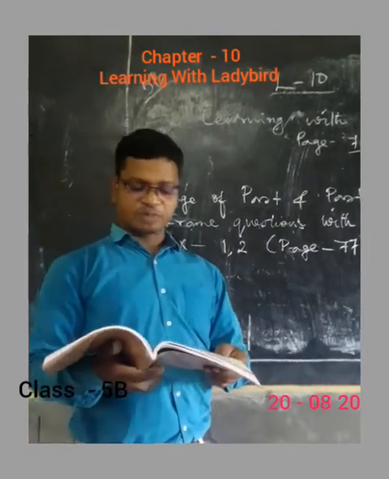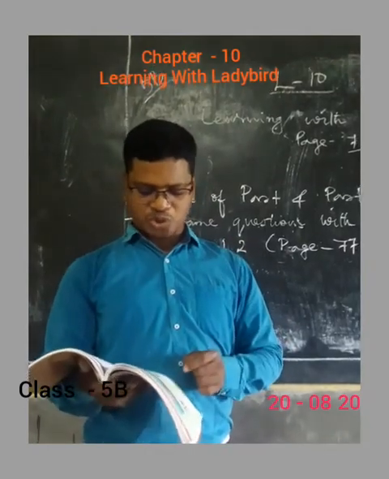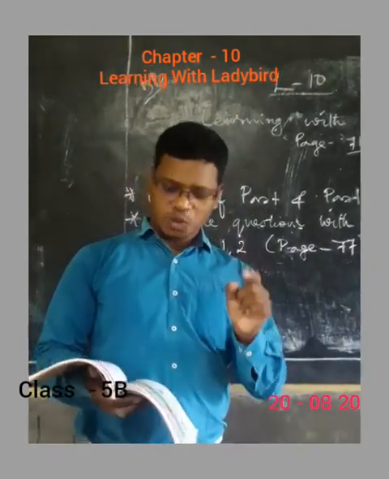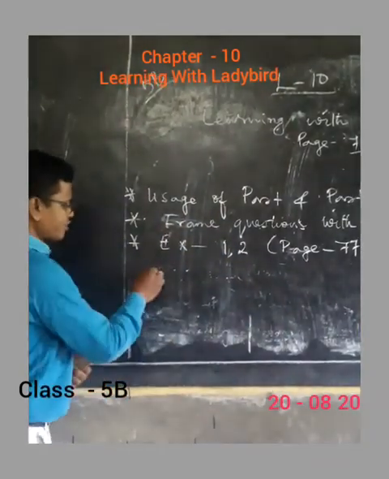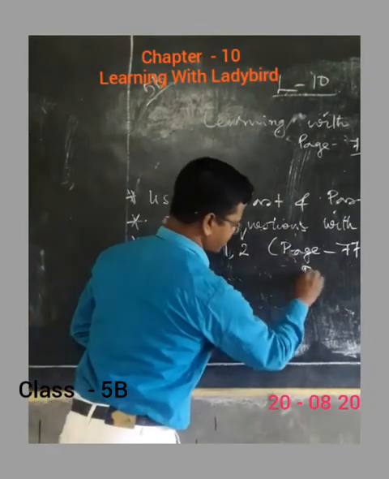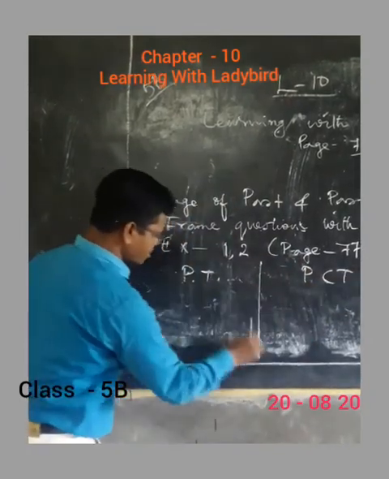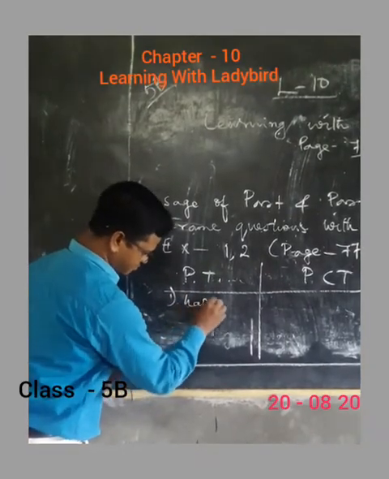Now when we talk about the past continuous tense, it is the tense we use to talk about something that was happening in the past. So what is the difference? We can find out the difference between this one, this is past tense and then past continuous tense. It happened.